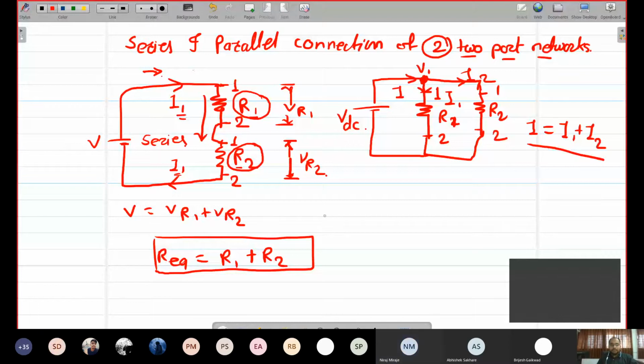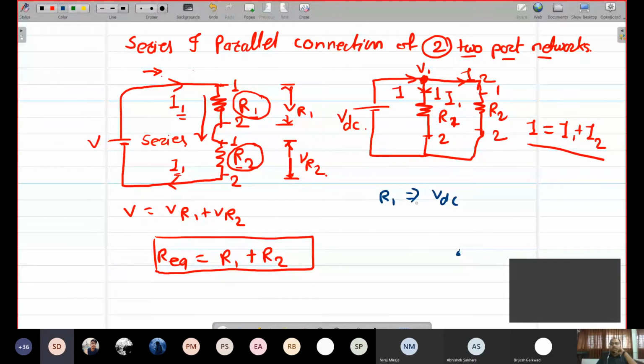Now, please tell me what is going to happen with respect to voltage. Will it be the same across both resistors? What will be the voltage drop across R1? Will it be VDC? Is it VDC?